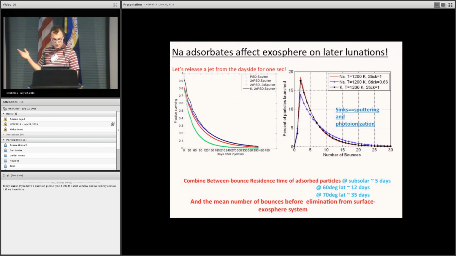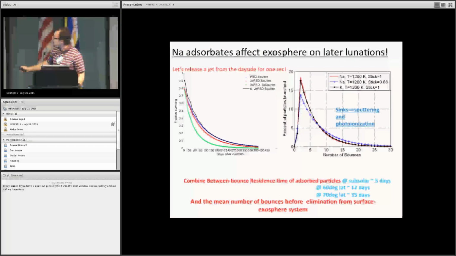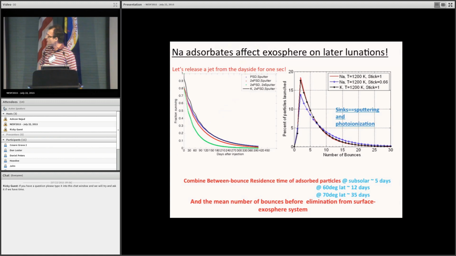And this is to show that once you have this long-lived residence time on the soil, the resulting exosphere has quite a long memory. This is a bunch of particles that I injected in this model from the day side for 1 second, and this tracks how long it would take to remove them as a function of photodesorption and sputtering cross sections.